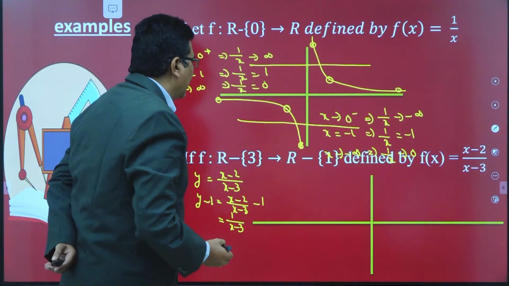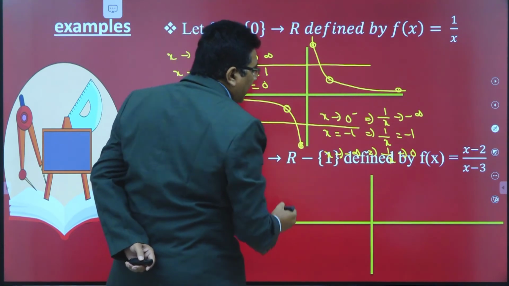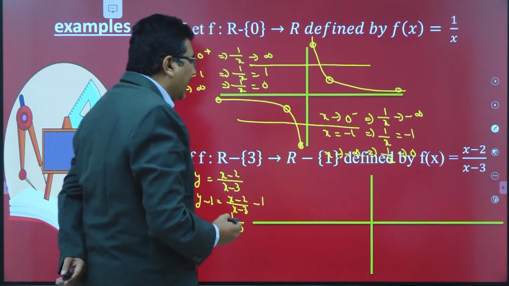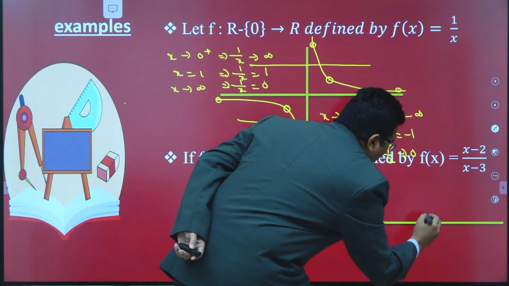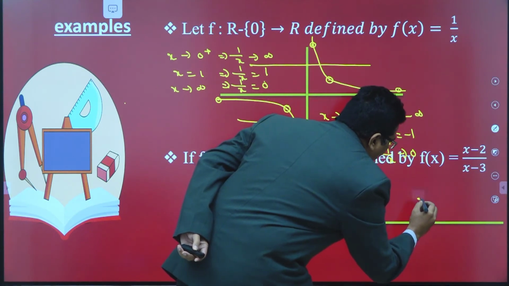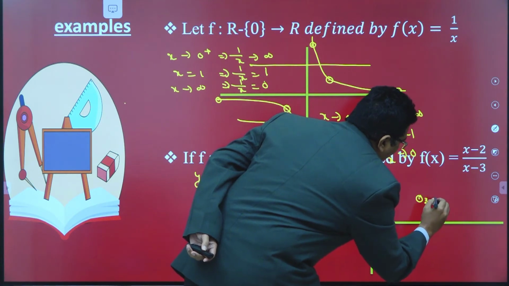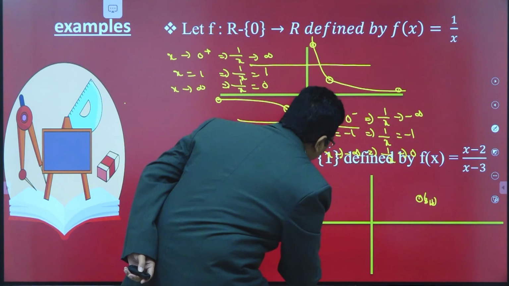Here in this graph, this is the origin. In this graph, the origin is shifted to the point 3 comma 1. Suppose this is the point 3 comma 1.